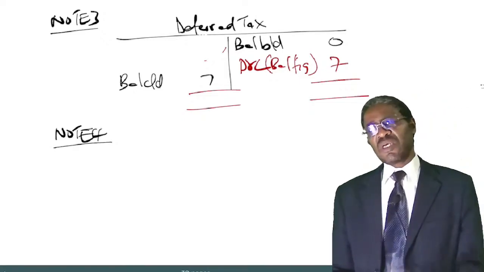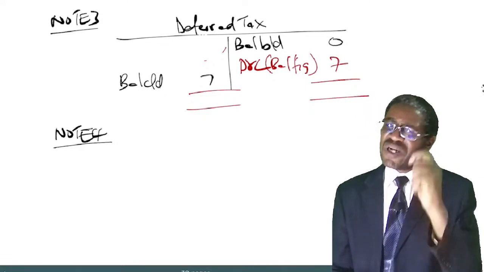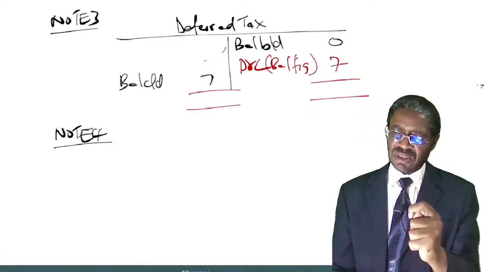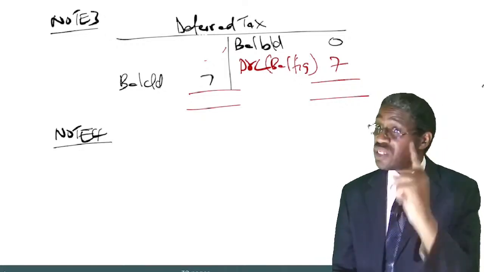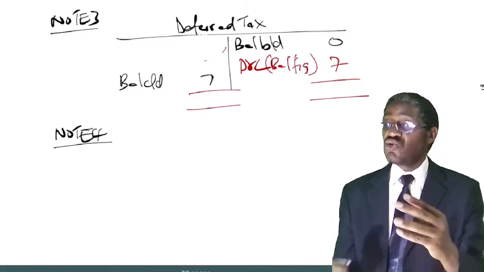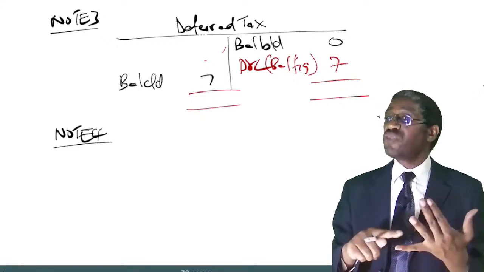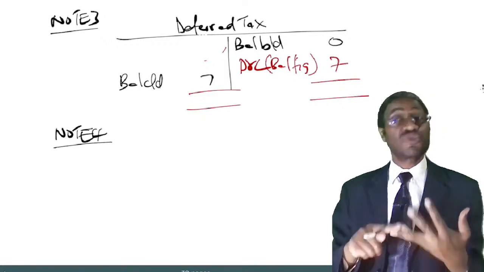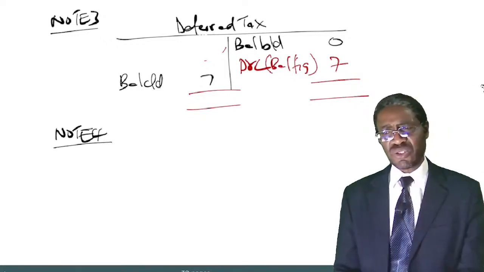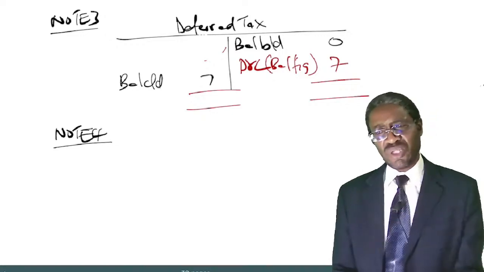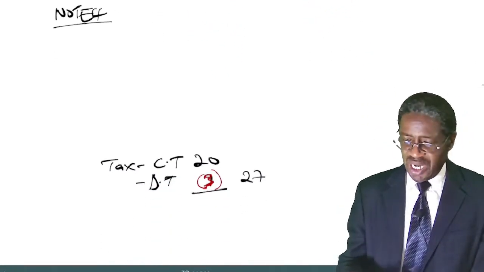One thing you must remember, whenever a company disposes an asset, that asset must be removed from the books. That's always the first thing. You transfer the cost price of the asset sold from where? From the asset account to the disposal account. Now that you have sold the asset, remove it from the books and take it to the disposal account. So let's open an asset account.